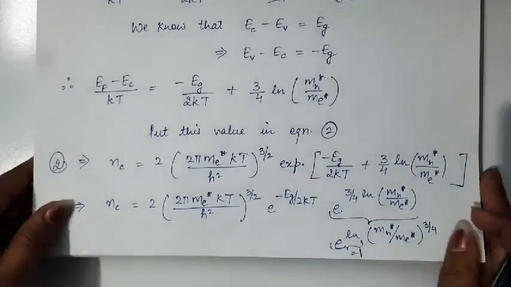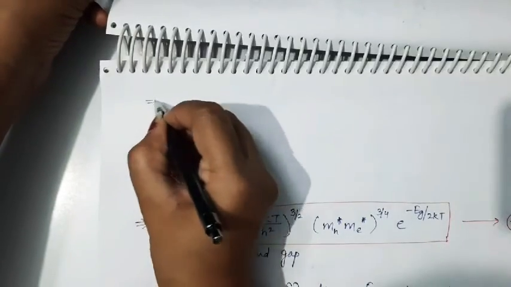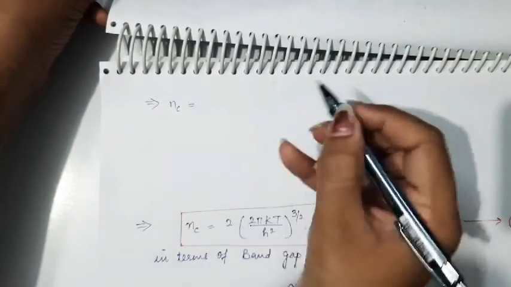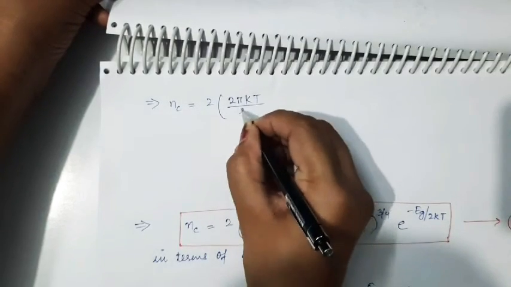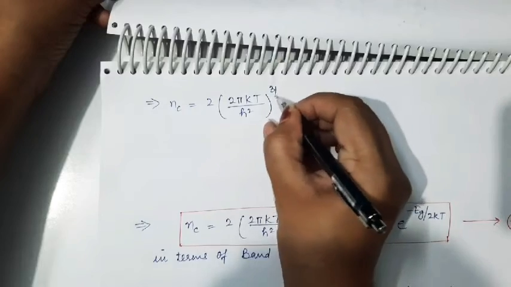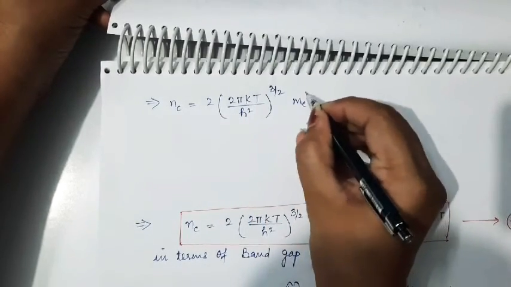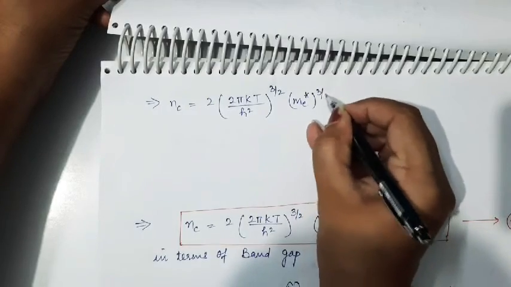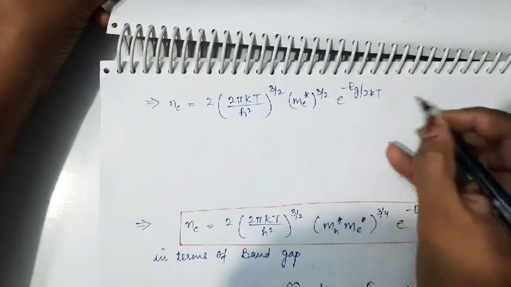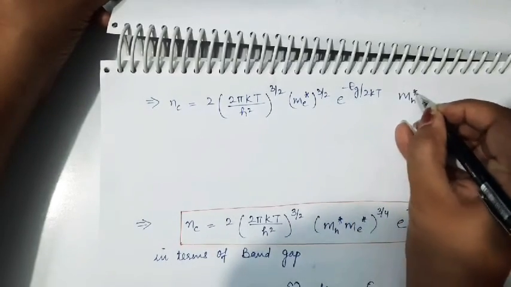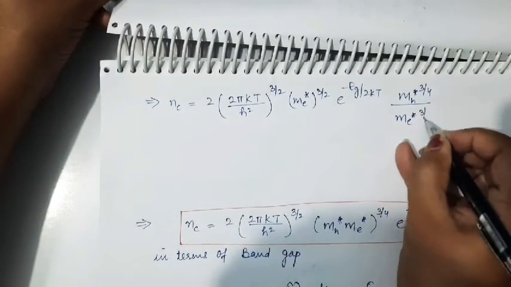So this equation will become Nc equal to 2 into (2 pi kT upon h square), and here we were having this me star, keep that term separate, e raised to power minus Eg by 2kT, and mh star raised to power 3 by 4 divided by me star raised to power 3 by 4.